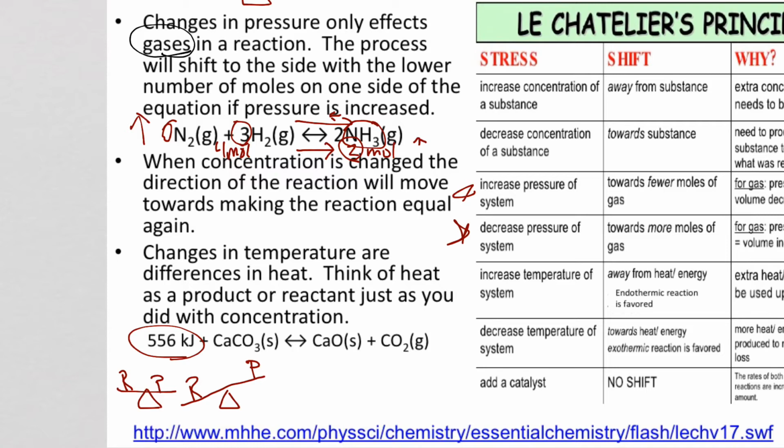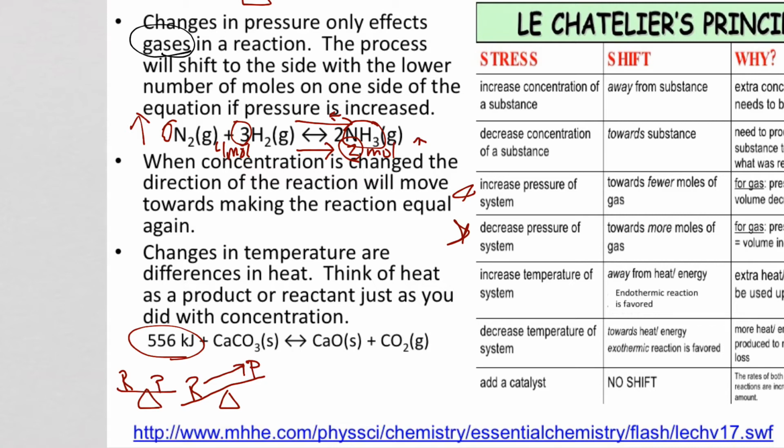And just like the concentration, I've increased my concentration of heat, if I wanted to put it that way, would shift it towards the products because now I have more reactants to react to make more products.